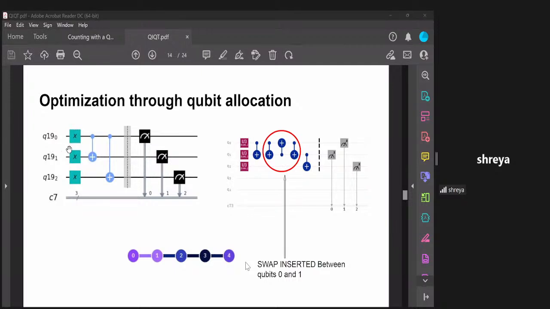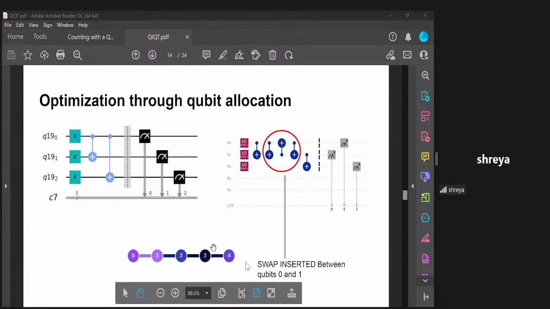In this case, the circuit on the left is the logical circuit, and the circuit on the right, for now you can think of it as the physical circuit, though it's not the physical circuit in reality, but for this small example, you can think of the circuit on the right as the physical circuit. So here the assignment is logical qubit 0 to physical qubit 0, logical qubit 1 to physical qubit 1, and logical qubit 2 to physical qubit 2.